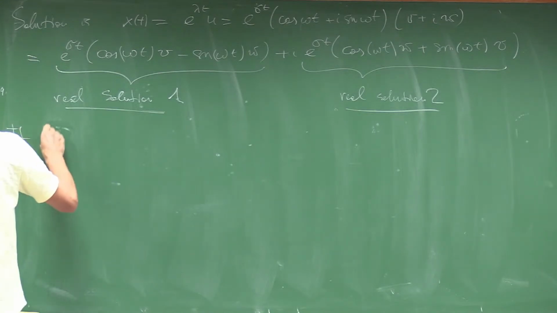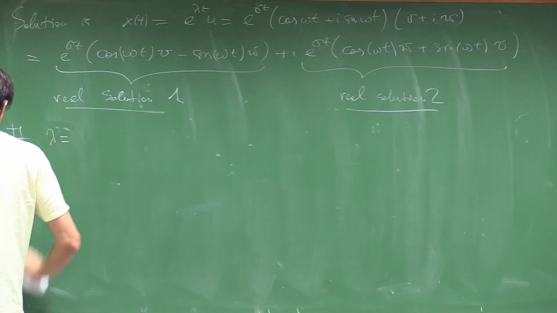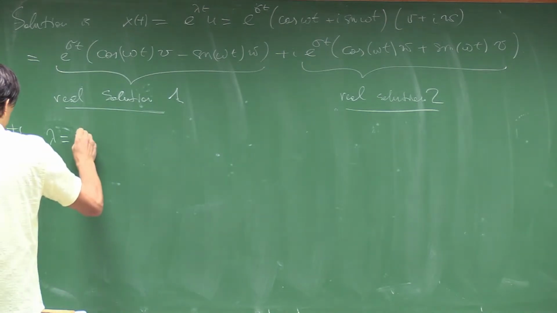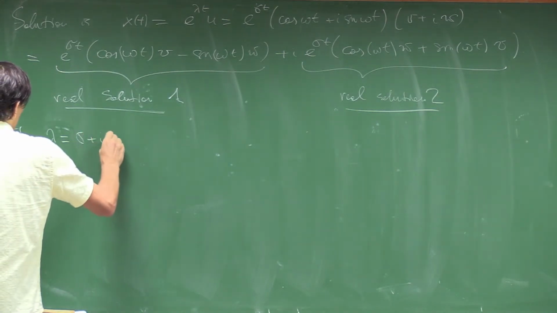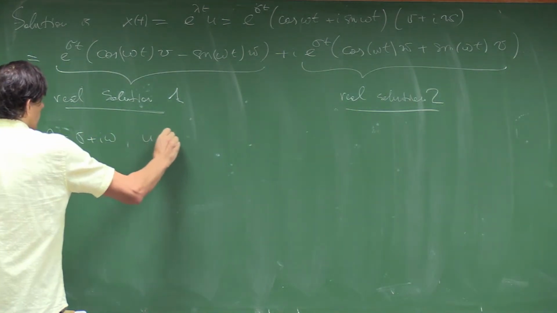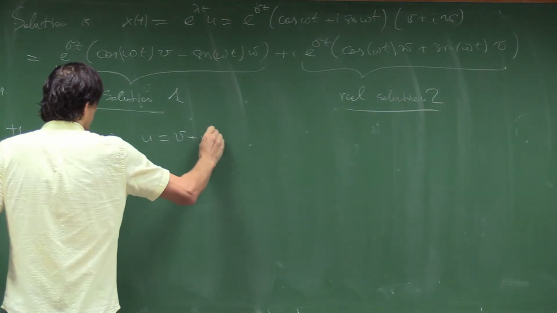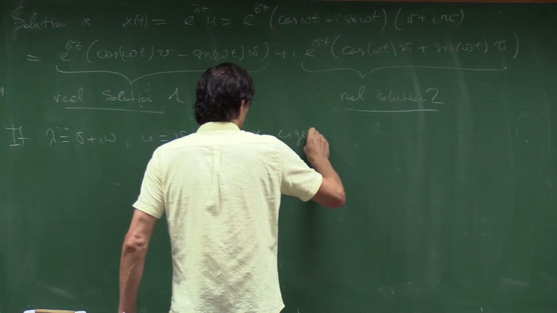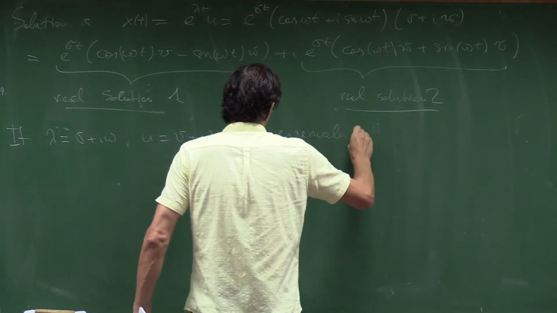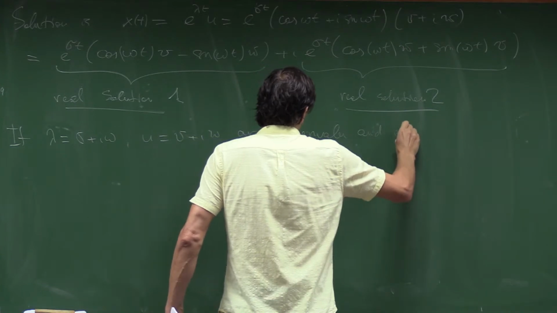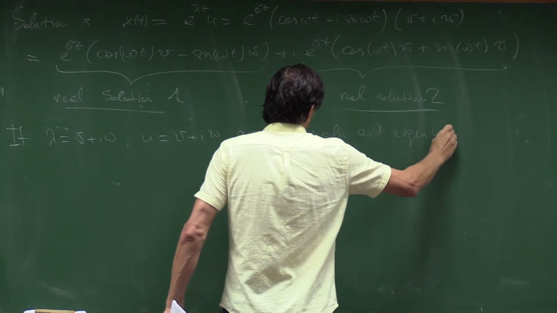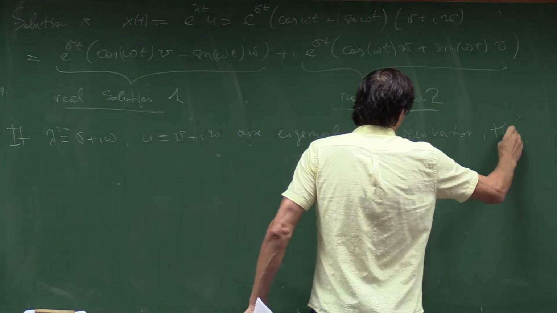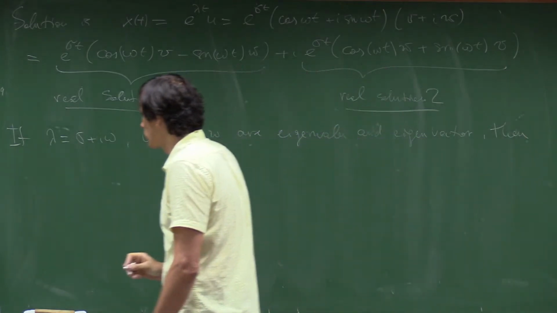But it turns out that it's not too many, because if lambda and u of this form are an eigenvalue and eigenvector, then what can you do?